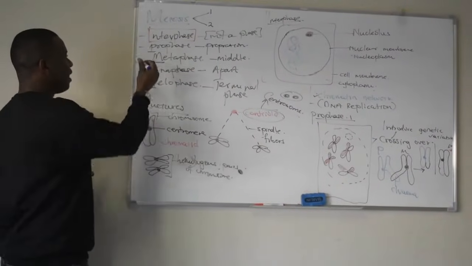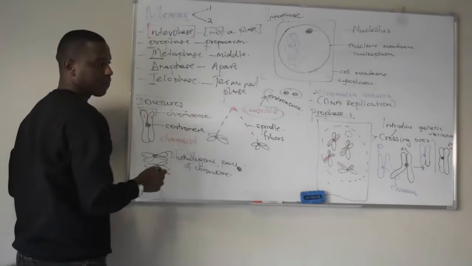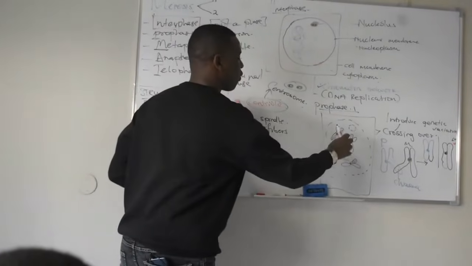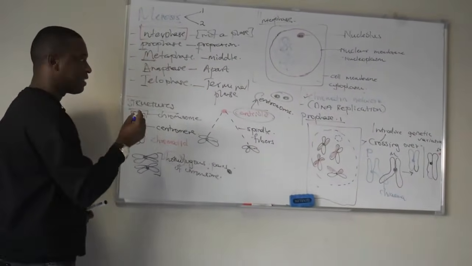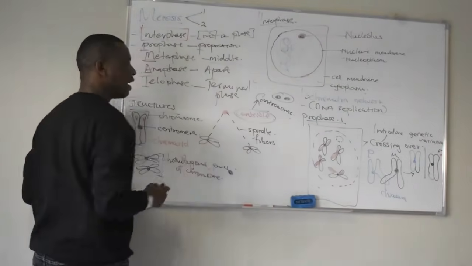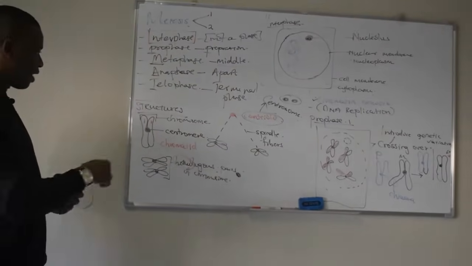So I said prophase is preparation. How many chromosomes do we have here? We have 4 chromosomes. We're now going to metaphase. And I said in metaphase, chromosomes will be lying along the middle. Right. Let me just wipe here.